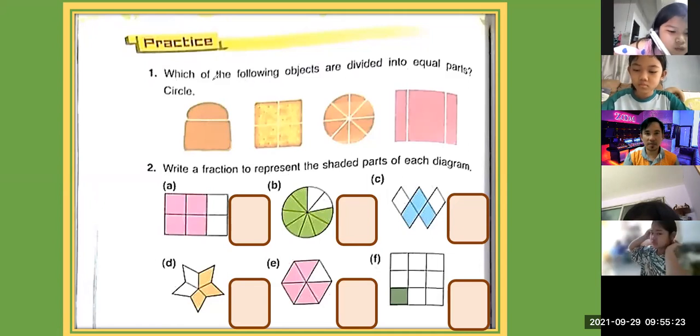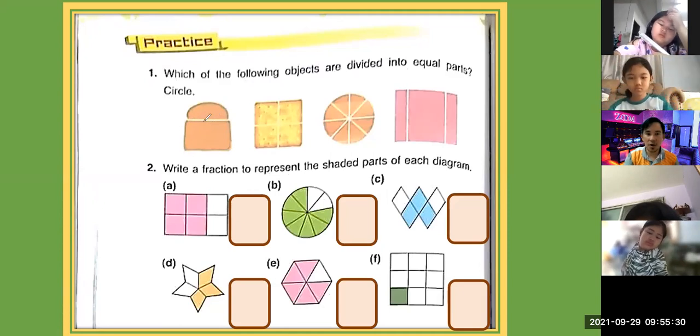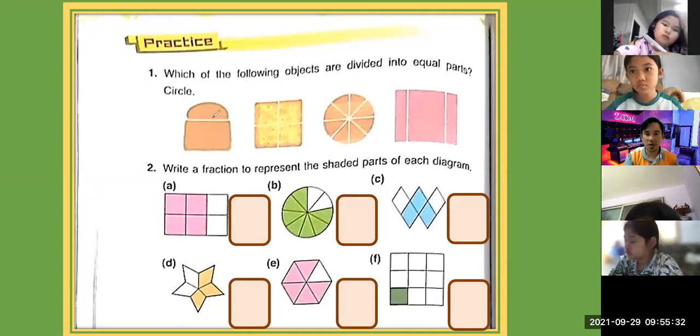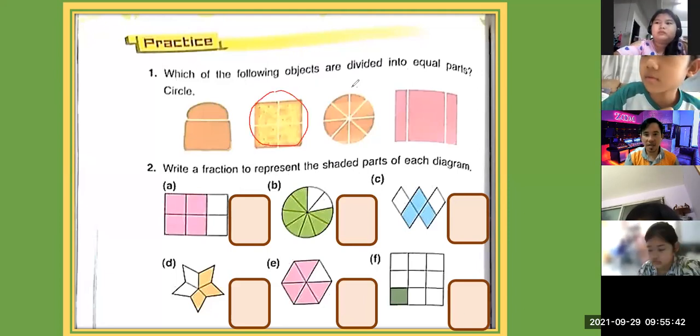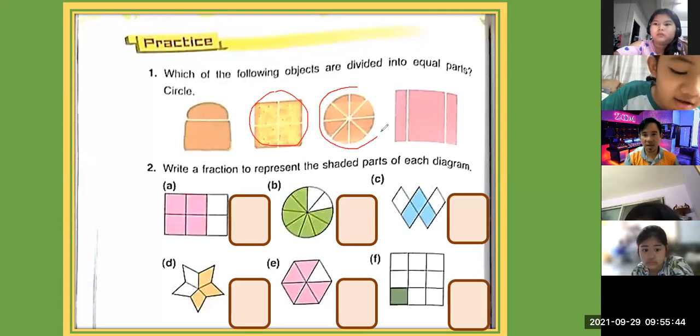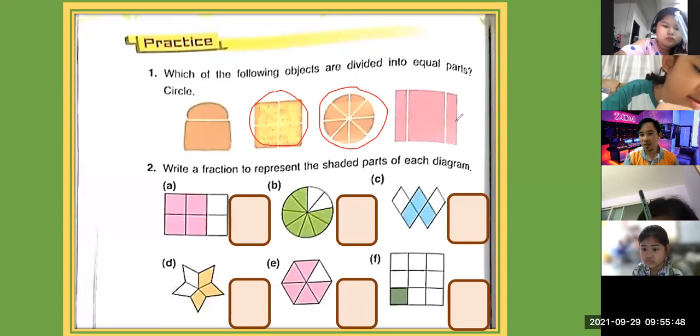Are these objects equal? No, this one is bigger, the other one is smaller. Are these equal? The same size. So encircle this one. Here, the same, encircle. Here, small, big, small. No, do not encircle this one.